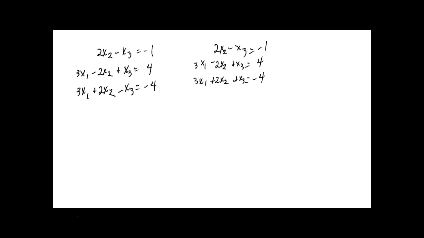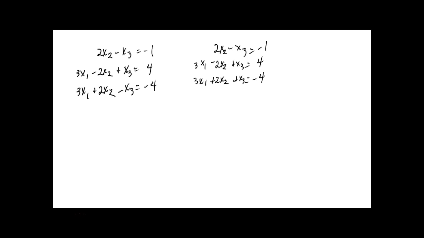So all you have to do is look at these two columns and say, hey, those two columns are multiples of each other. Multiply this one by 2 and you get exactly that. And therefore the determinant is going to be 0, so that will not have a unique solution.